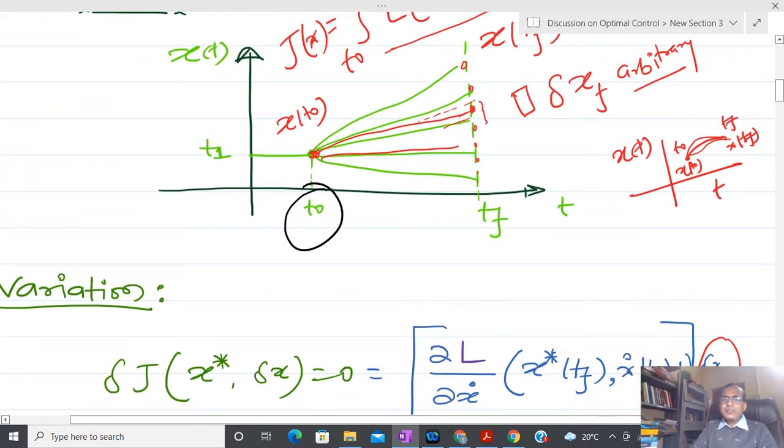Suppose now that here x(t0), t0 I know, but I don't know x(t0), and tf and x(tf) both are known to me. Suppose you take one situation where I have some kind of static enemy, and I have several base stations.